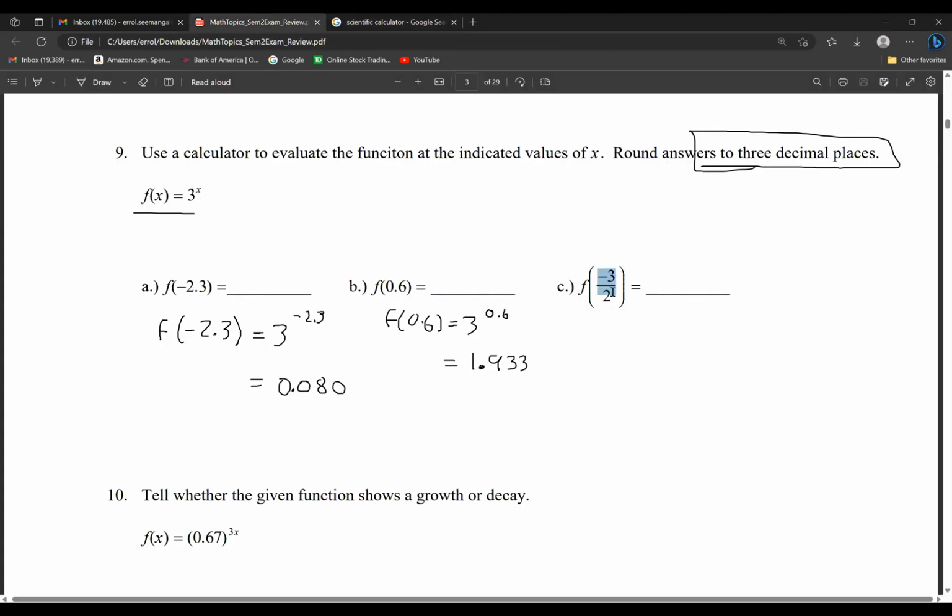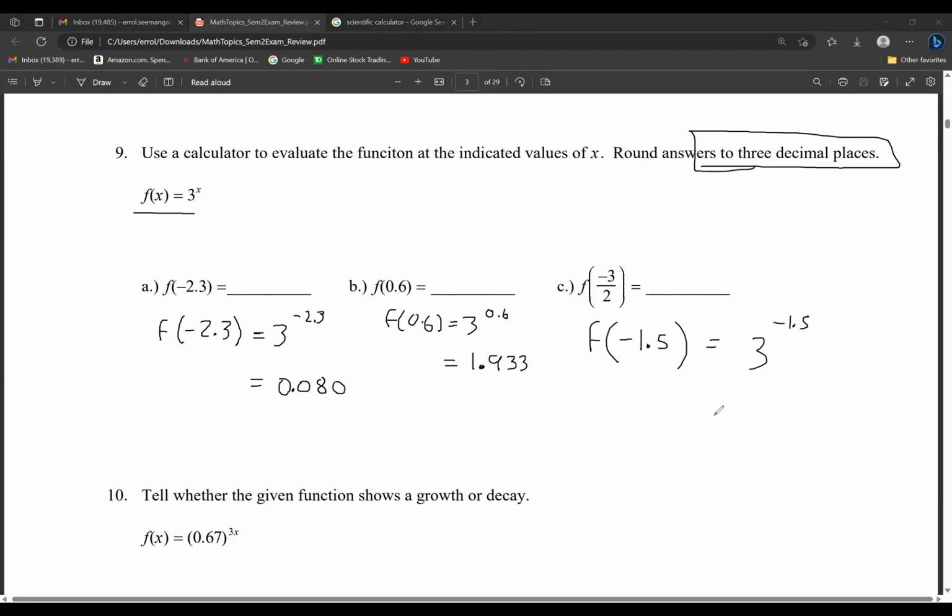All right, last one. What is negative 3/2 as a decimal? What number is this the same as? Negative 1.5, right? So this is the same thing as 3 to the negative 1.5.